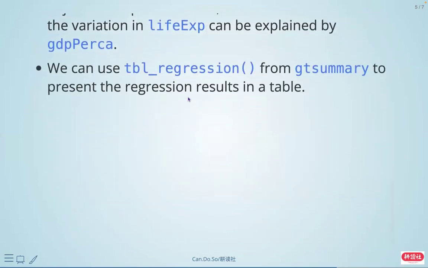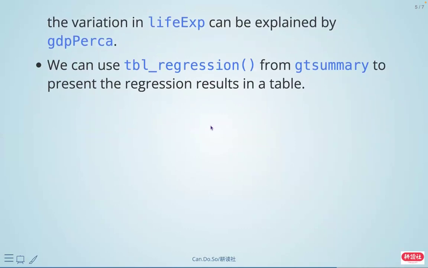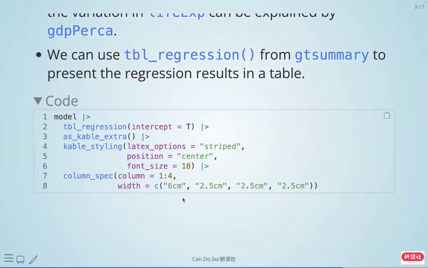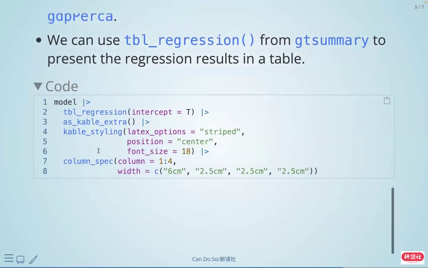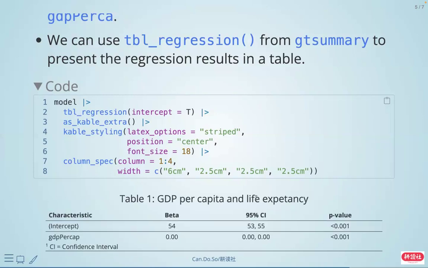So now we use tbl_regression from gtsummary to present the regression results in a table. If you want to try, you can copy this command code. It's this big beautiful table.